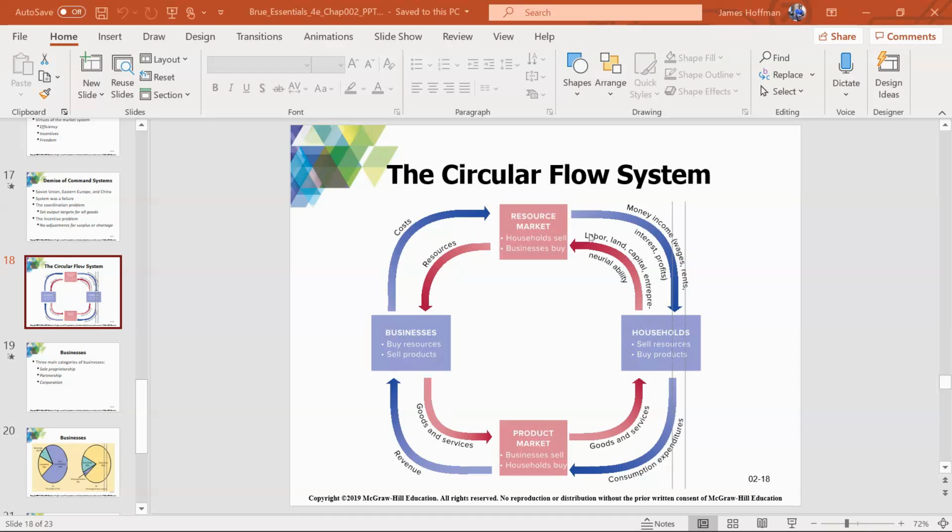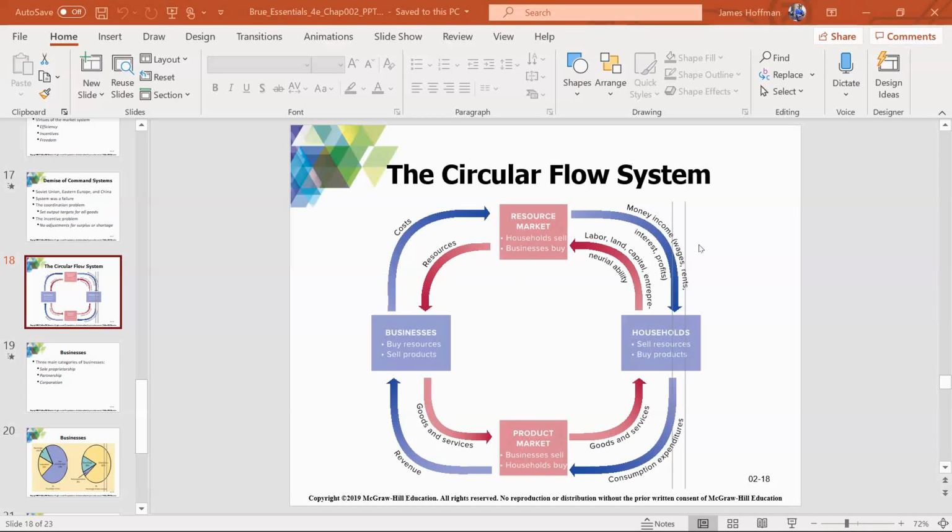The households send land, labor, capital, and entrepreneurial ability to the resource market. Businesses buy that and use it to produce goods and services in the product market. Then households buy goods and services from the product market. So that's how that flow goes.